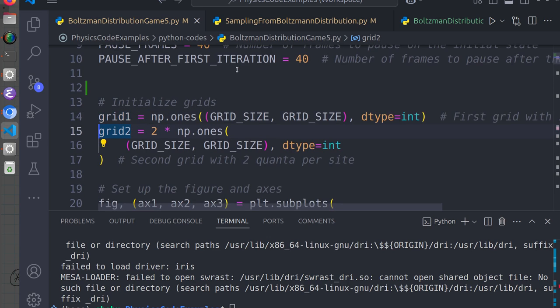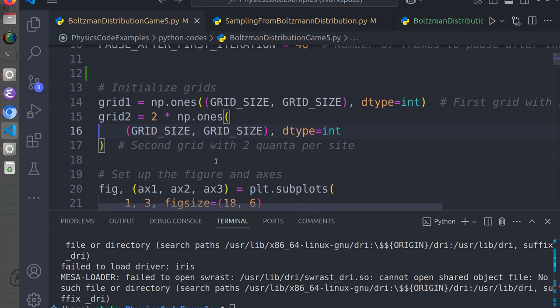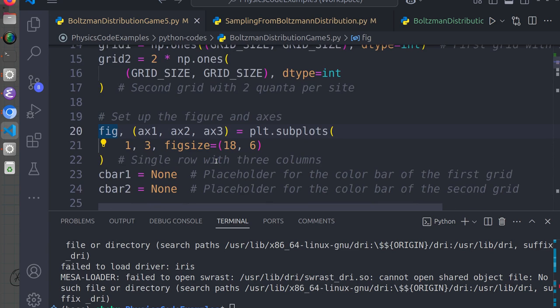Grid number 2 has 2 quanta, so this is 2 times ones on each site of the grid. For the figure, there are going to be 3 plots: the first 2 showing the 2 grids, and the third one showing the histograms of the system as it evolves. Let me try to run this.